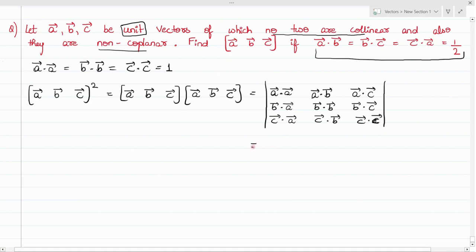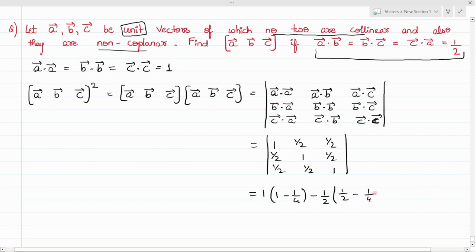Now we know all the values here. A dot A is nothing but 1. This will be half, this will be half. Half, 1, half, half, half, and 1. Now just find its determinant. You will get it as 1 minus 1 by 4, minus half into (half minus 1 by 4), plus half into (1 by 4 minus half).